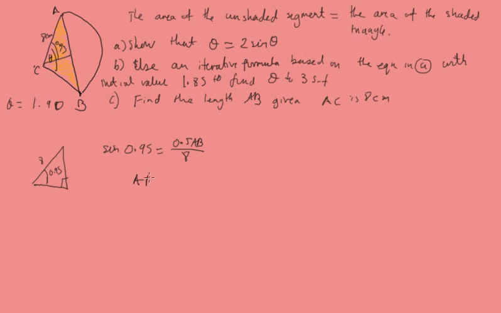Rearranging that, it's going to give us AB is 13, and working all out 13.014, which is 13 centimetres to two significant figures. So hope that helps.